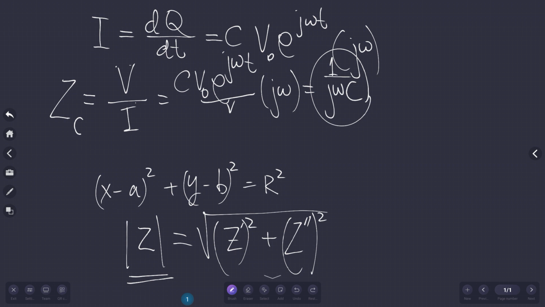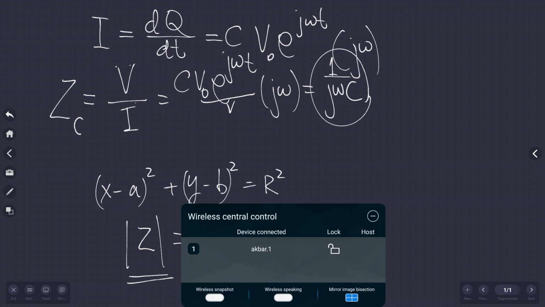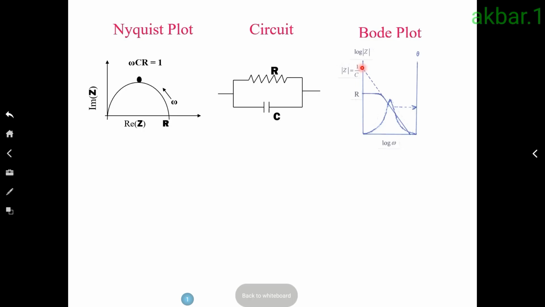And if you extend it all the way, you plot the logarithm of the modulus on this axis and the logarithm of frequency of your measurement on this axis. That log-log plot will have a flat part and that linear part.